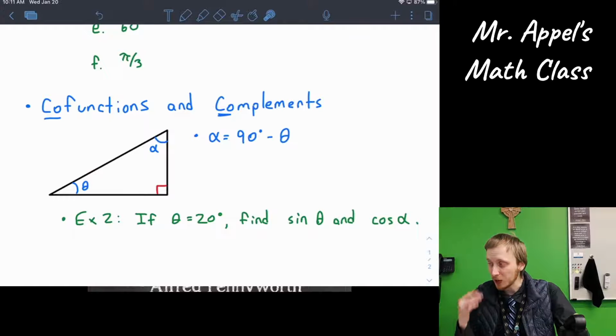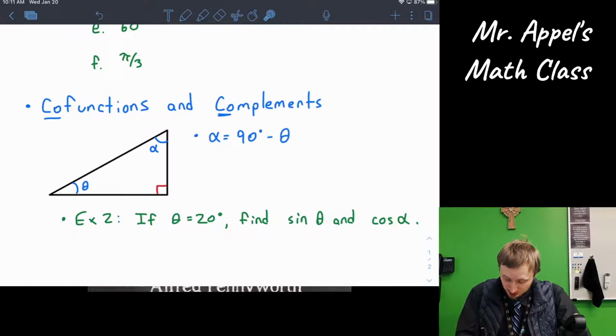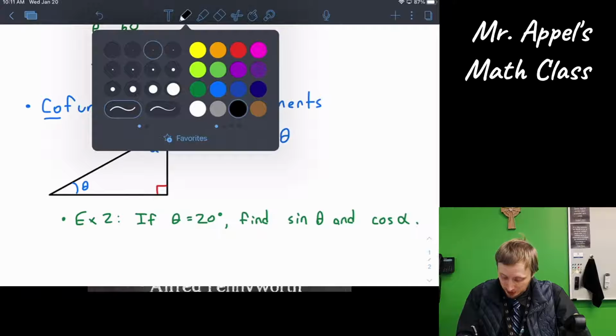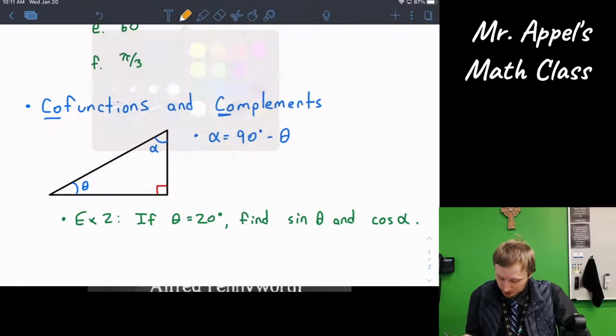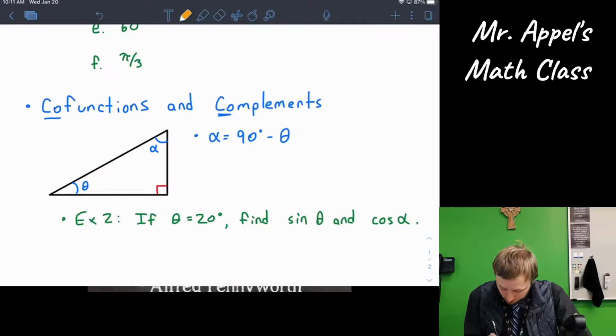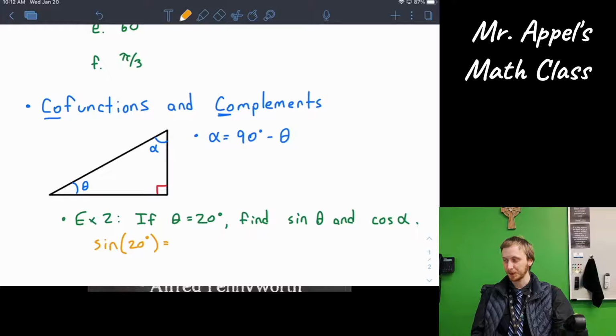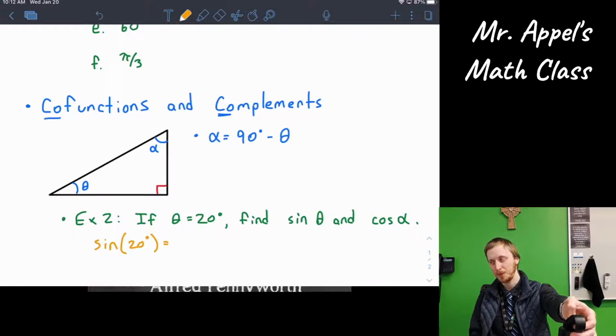And so the really cool thing about this, go ahead and try this. Okay, use your calculator. Give me a sine of 20 degrees. What is it? I don't have mine handy.